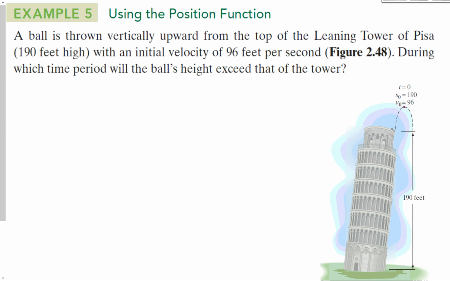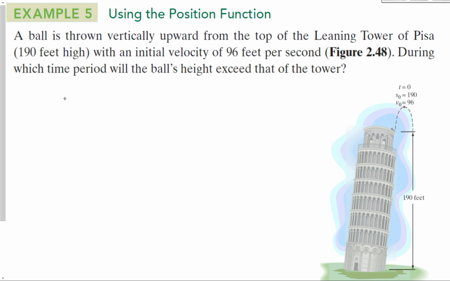Okay, so let's try one. A ball is thrown vertically upwards from the top of the Leaning Tower of Pisa, 190 feet high, with an initial velocity of 96 feet per second. During which time will the ball's height exceed that of the tower? So if you think about this as the 0 point, we can actually make this function.